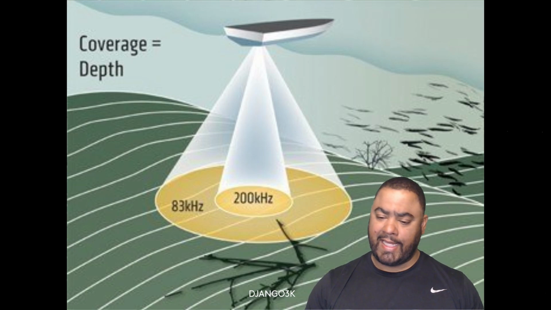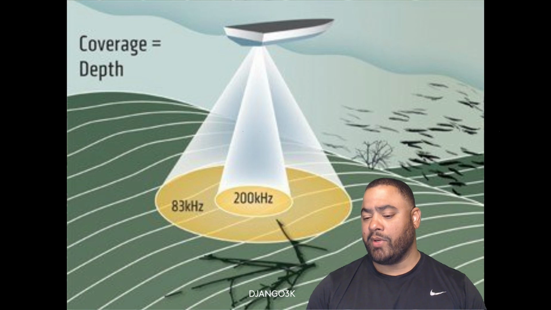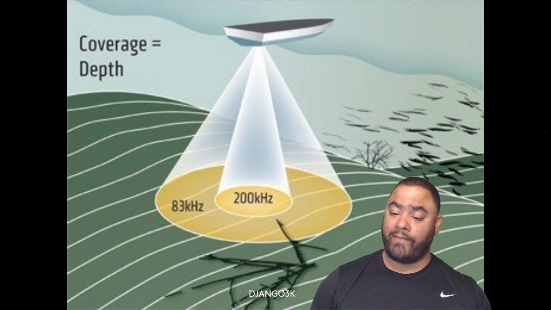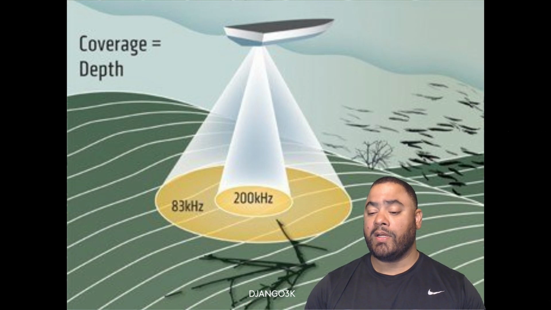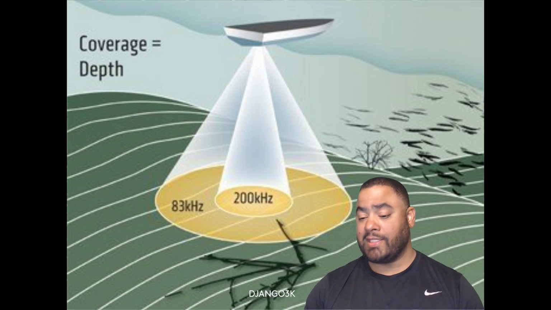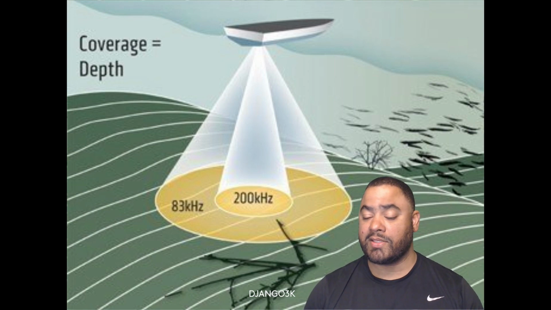The other thing you have to understand is that in your menu there are several options in regards to 2D sonar and scanning objects in the water. Depending on your particular unit, you have several different frequencies you can utilize as you scan for fish. As the picture represents here, there are two frequencies: a 200 kilohertz frequency and an 83 kilohertz frequency. Not all units are like this.